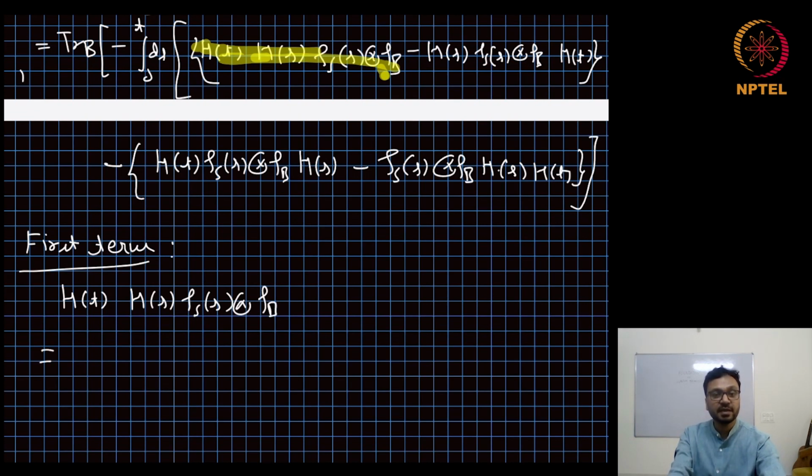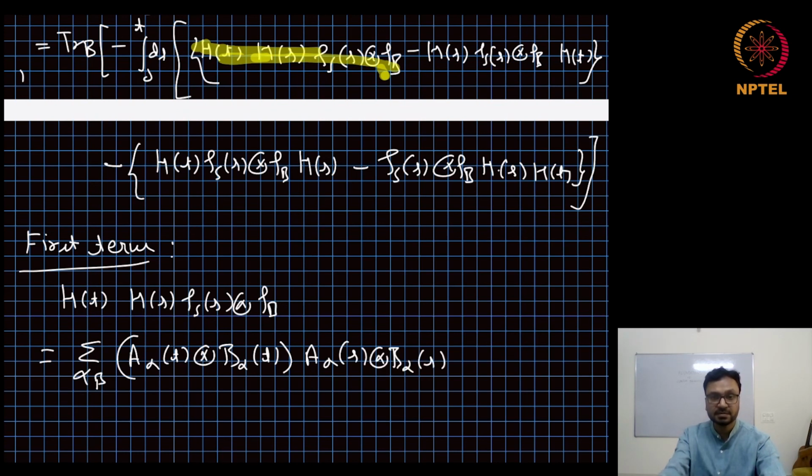We can expand H_t and H_s in terms of A_alpha and B_alpha, and we get sum over alpha, beta of A_alpha at time t tensor B_alpha at time t, A_beta at time s tensor B_beta at time s, rho_s(s) tensor rho_b, and then there's a trace over the bath.